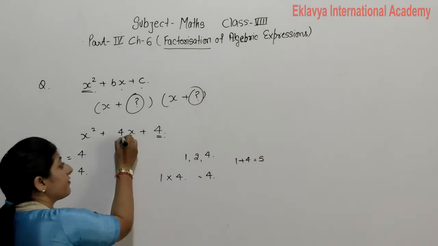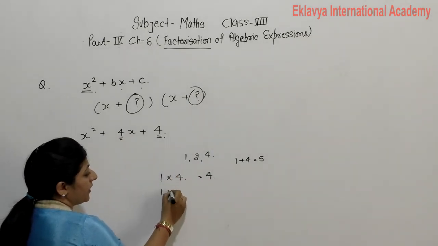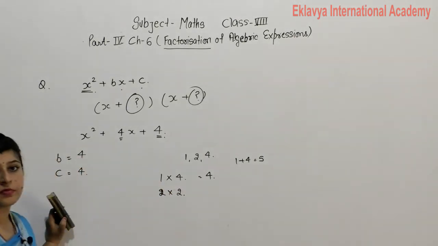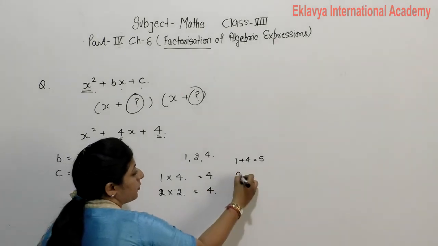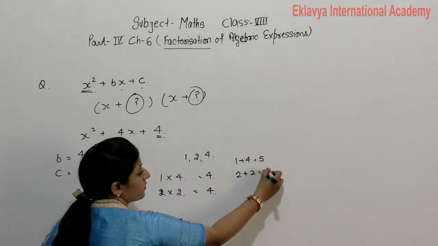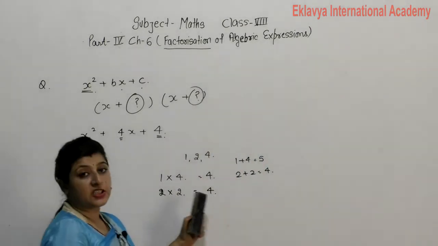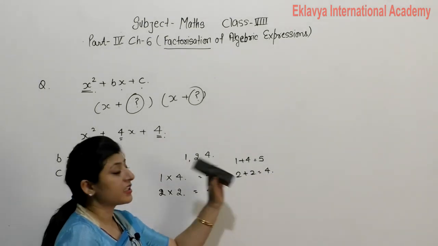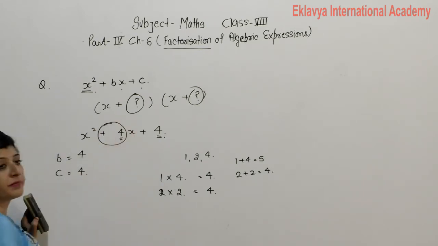But we need 4 here. Now, if I take 2 into 2, then 2 twos are 4, and 2 plus 2 also equals 4. It means the product of these factors should be equal to 4 and the sum of these factors should also equal 4, the value of the middle term 4x.